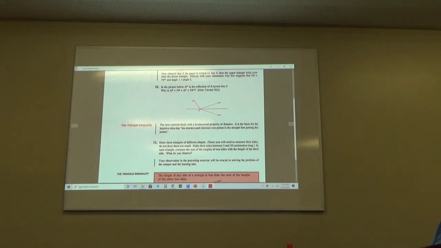Okay, number 10. In the picture below, B prime is a reflection of B across L. Why is AP plus PB equal to AP plus PB prime? Because this value and this value are the same, right? So if I go from A to P, and then I go from P to either B or B prime, I've traveled the same distance.